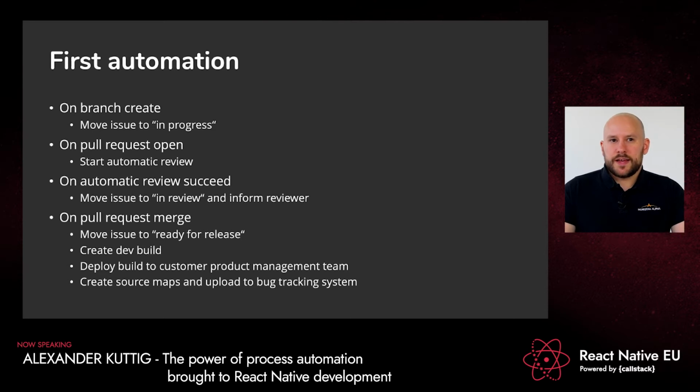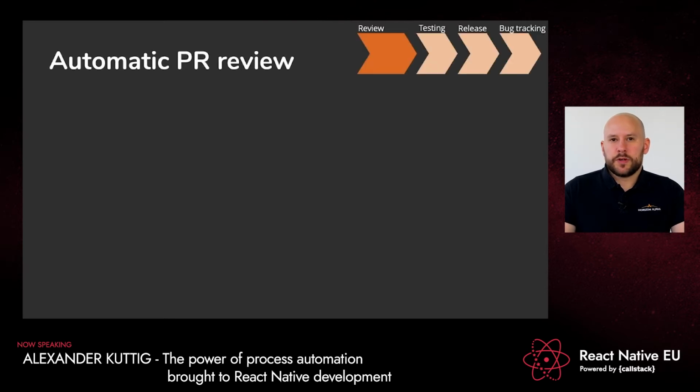So I said we start our automatic pull request review. So what is this and what do we do there? Basically, when the pull request is opened on our CI and CD server, a pipeline is triggered and we do some tasks.